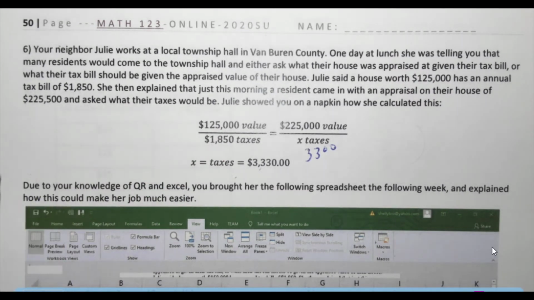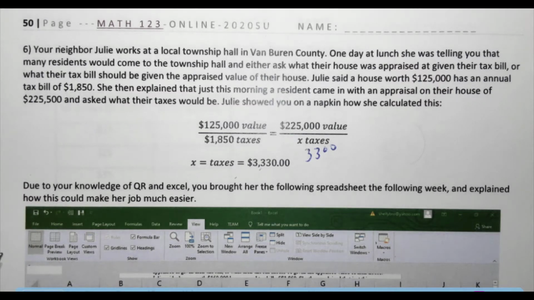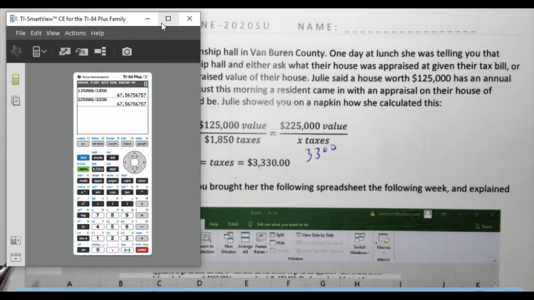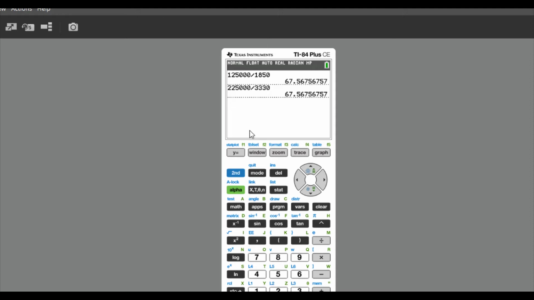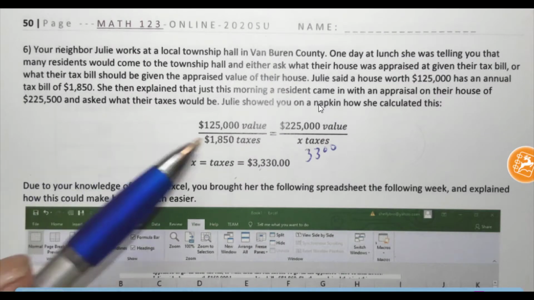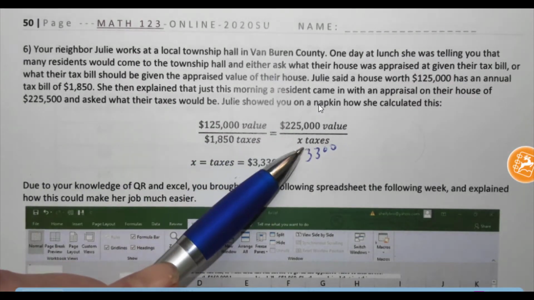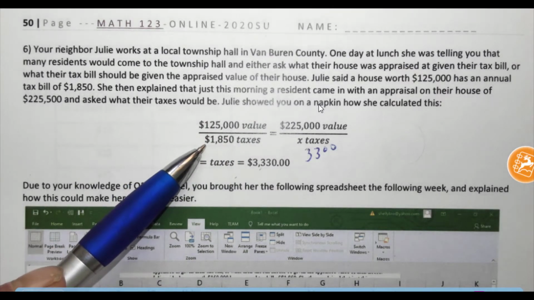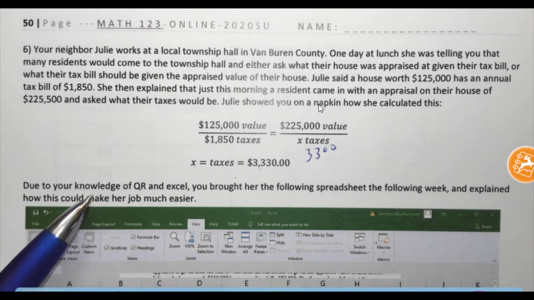Let me put that up there. And there it is. 125,000 divided by 1,850, it's the same number. Of course it's the same number because all these relationships in proportions, all these ratios are the same.